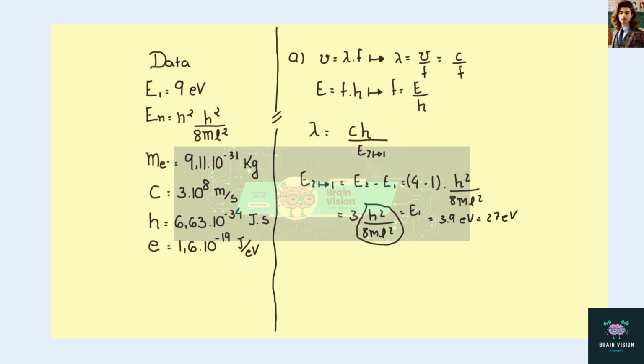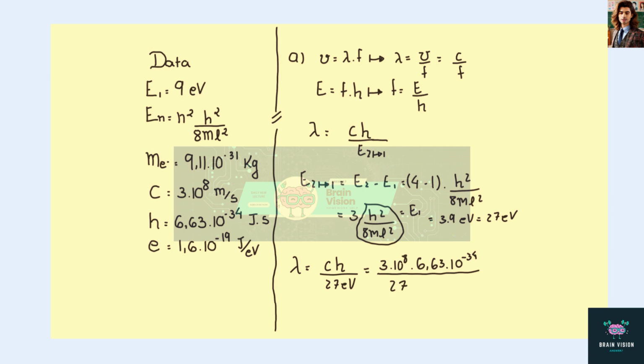Therefore, the longest possible wavelength is equal to c times h divided by 27 electron volts. By substituting the values that were given, we get the following: c is equal to 3 times 10 to the 8. h is equal to 6.63 times 10 to the minus 34. And this is divided by 27 electron volts. In order to get the wavelength in meters, we have to plug in the energy in joules.